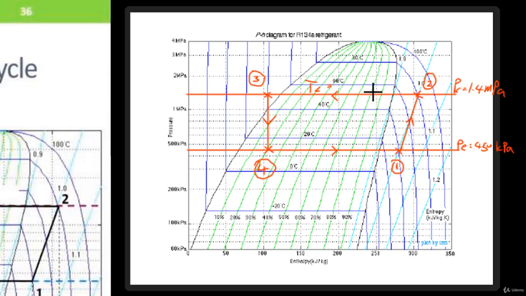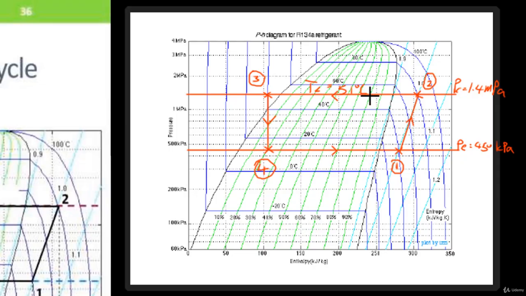You will notice that it's in between 40 degrees Celsius and 60 degrees Celsius. So it's maybe around 50 or 51 or 52. Don't worry if your answer is slightly different from mine, because there's always some degree of error when you read off from the chart. So in this case, it should be around 50 to 52 degrees Celsius.